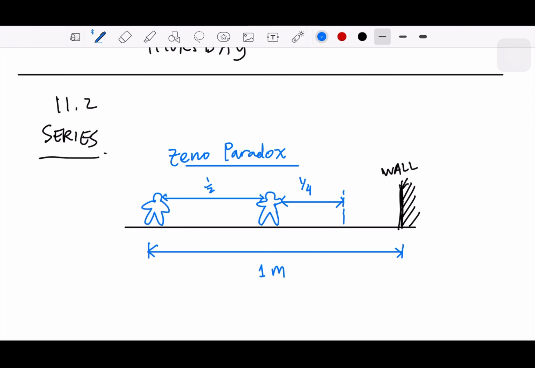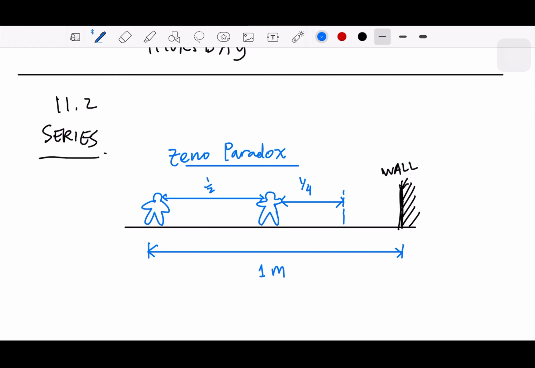But if you try to compute 1/2 plus 1/4 plus 1/8 and all the numbers that you can count close to this wall, you get numbers as close as you like to one meter, or just one.